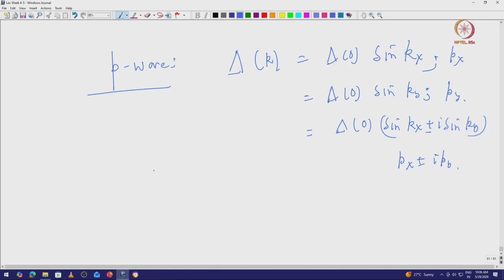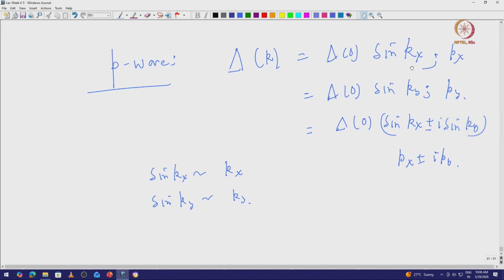And these things are, near the high symmetry point, they act as linear and now this should remind us, these are the terms that we have been looking for to get topological phases in the off diagonal term especially.